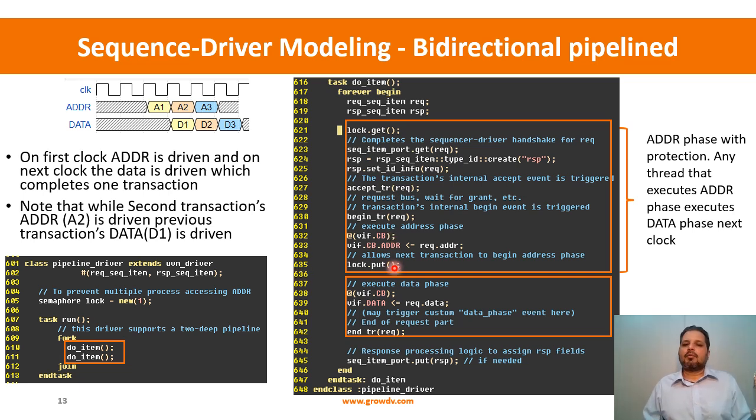So he will get unblocked, right? And this particular task will still continue. The one that gets unblocked on 611 has his lock.get unblocked, and he can now get the second transaction, right? So now we drove on this particular clock edge A1, right? We drove it over here, and after that immediately we have put it. So on this same clock edge we have put it back, right?